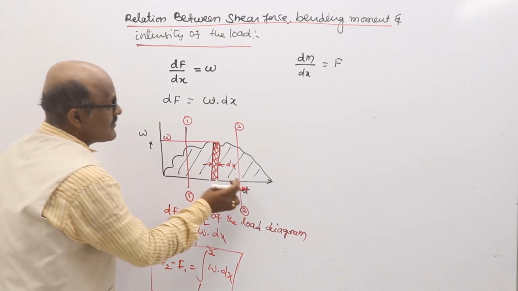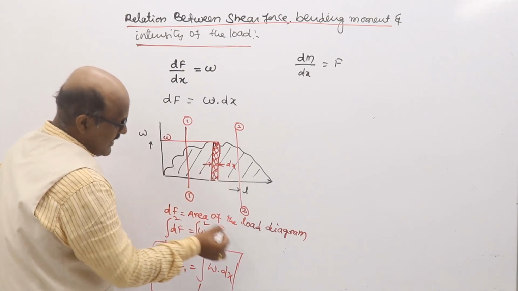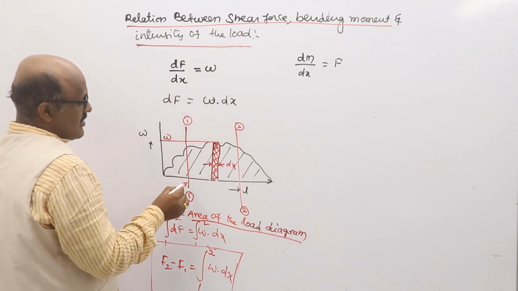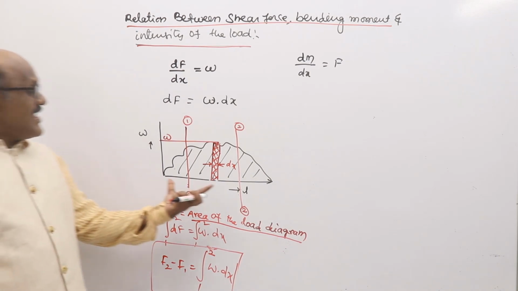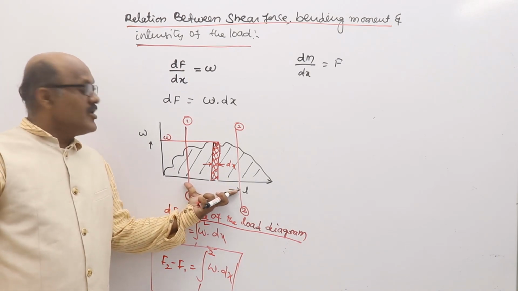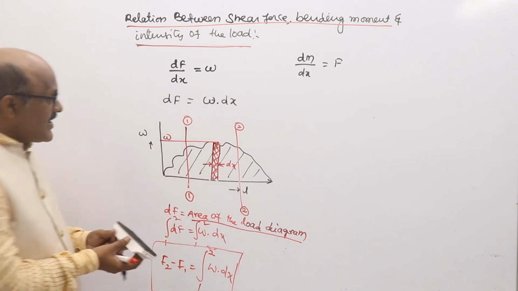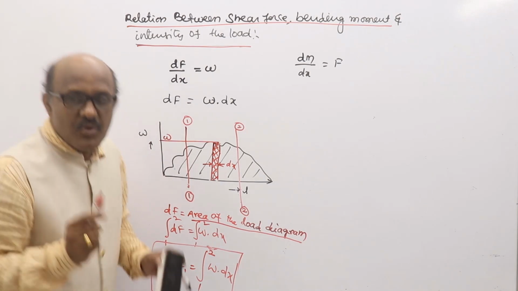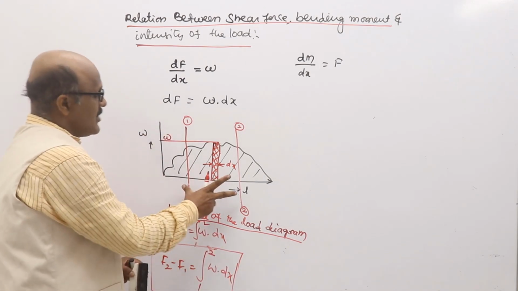The shear force between the 2 points. So w into dx is nothing but the area of the load diagram. So the shear force between points 1 and 2 is equal to the area of the load diagram between the same points.